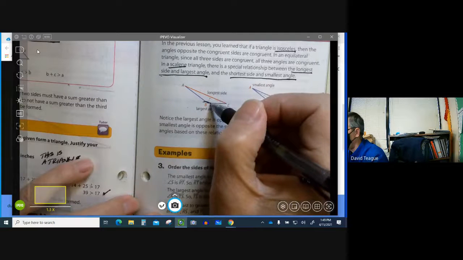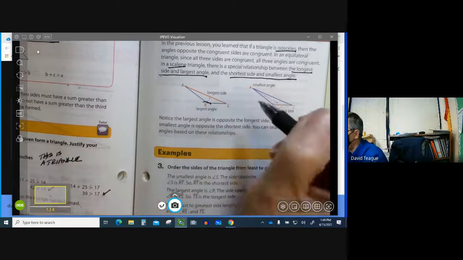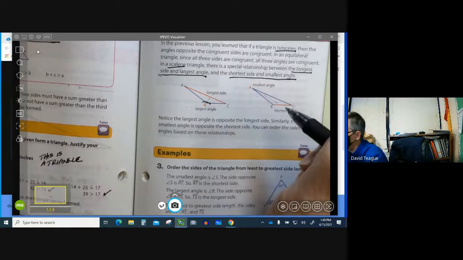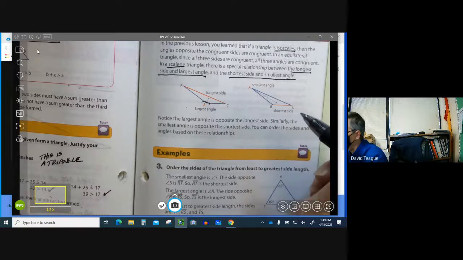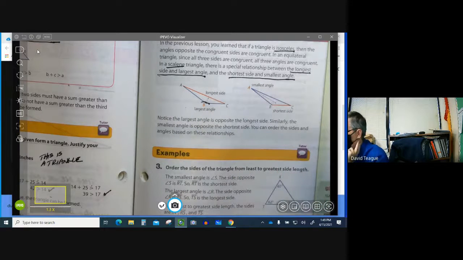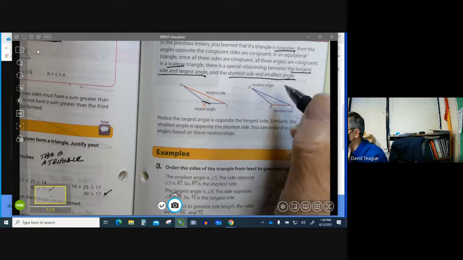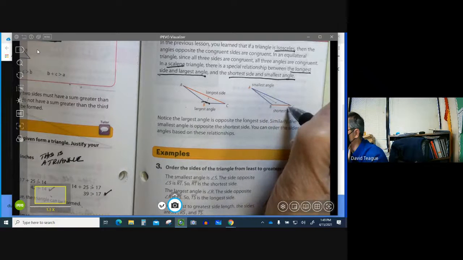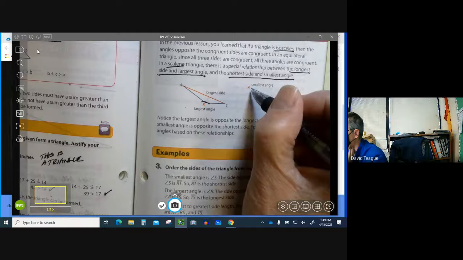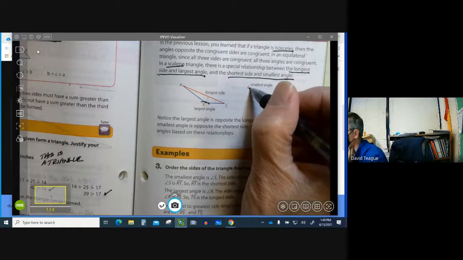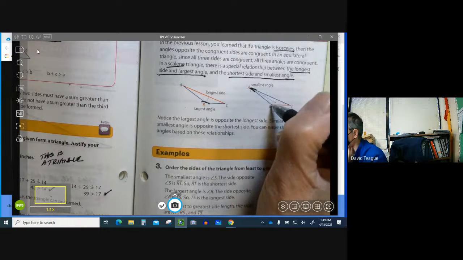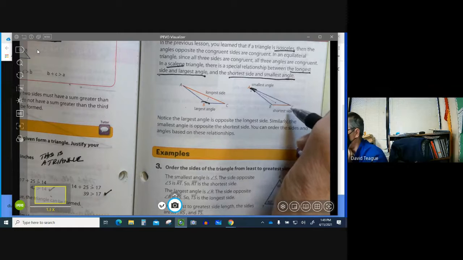So the longest side is opposite the largest angle. And the smallest side is also opposite the smallest angle. So this angle here is the smallest angle, and it's opposite the shortest side.